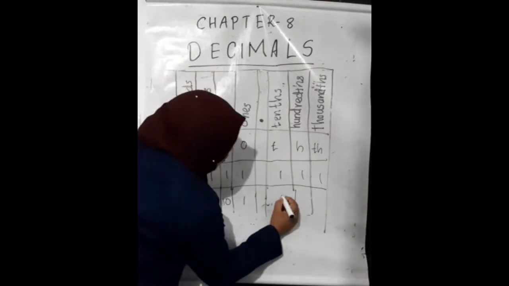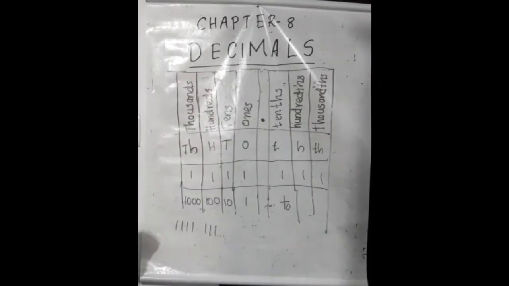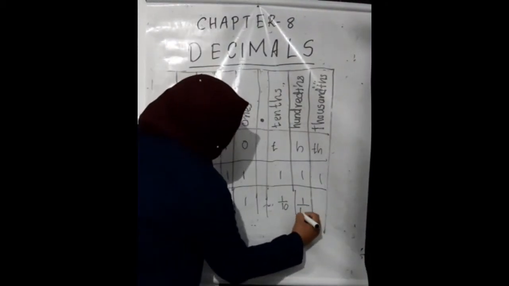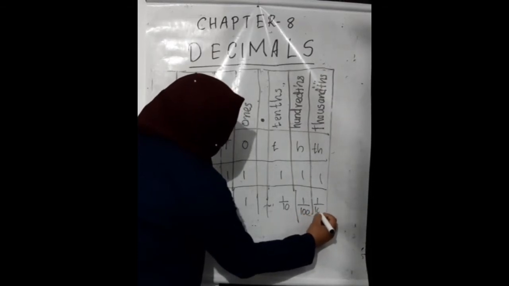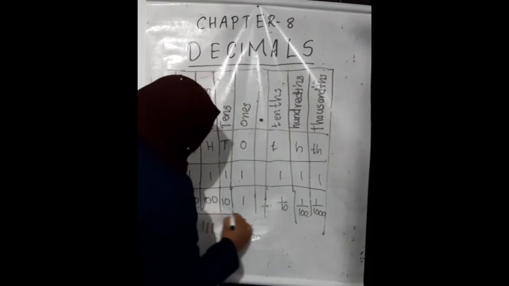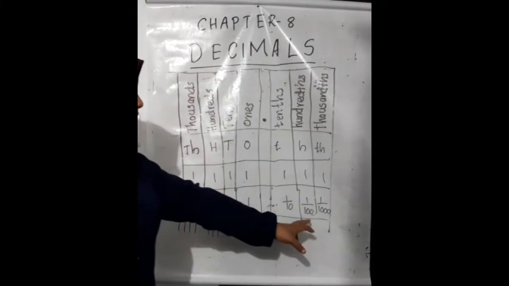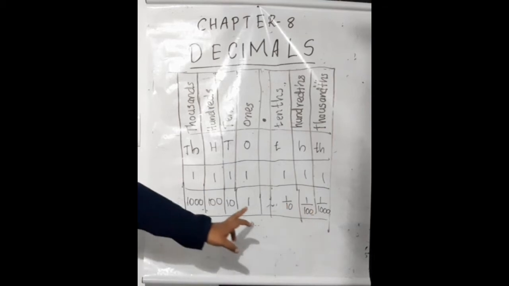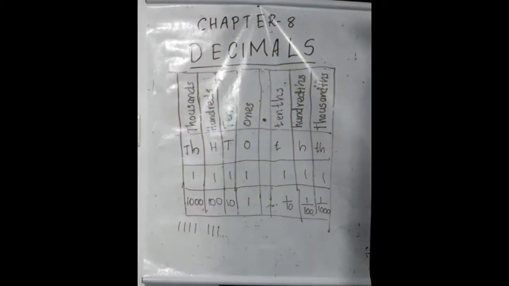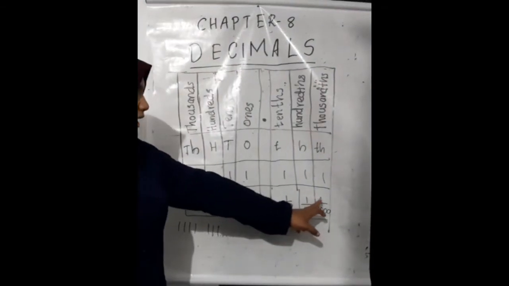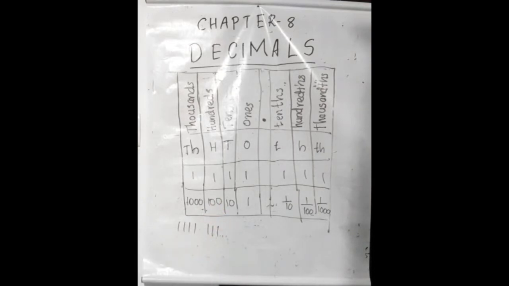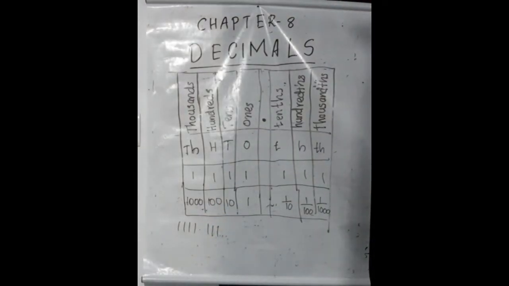Yes, this is 1 by 10, 1/10 or one tenth. Then these are 1 by 100, one hundredth, and 1 by 1000, one thousandth. We have learned that also.